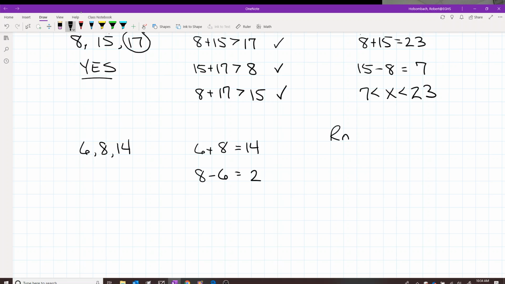So the range of values for the third side of this triangle is between 2 and 14. Is this third side, which is 14, between 2 and 14? It's not, is it? It's got to be less than 14 and greater than 2. So this would be a no. Those lengths would not form a triangle. In that case, the third side is too long.